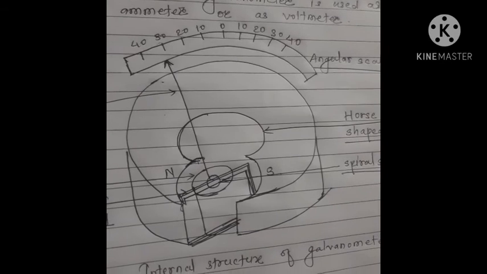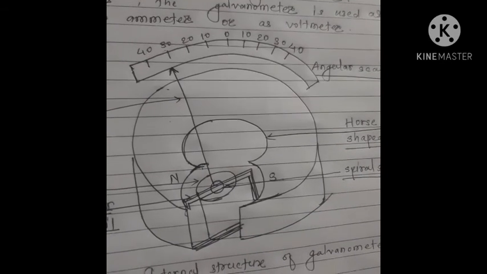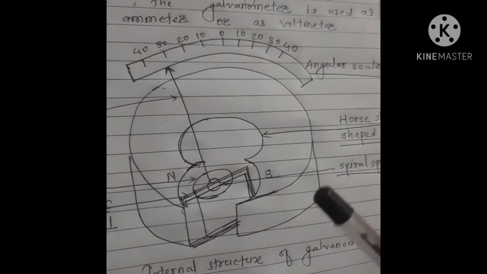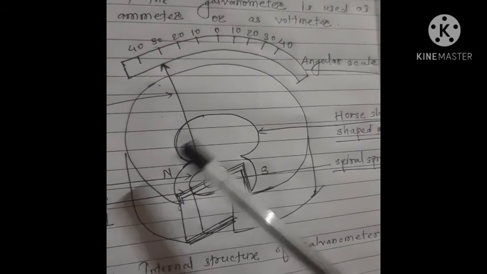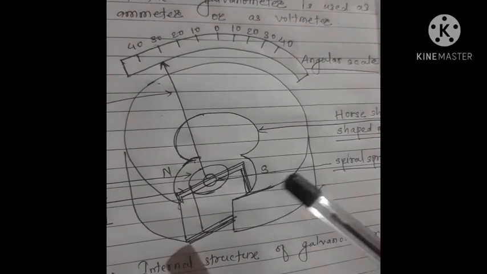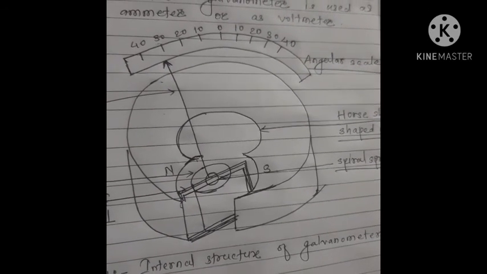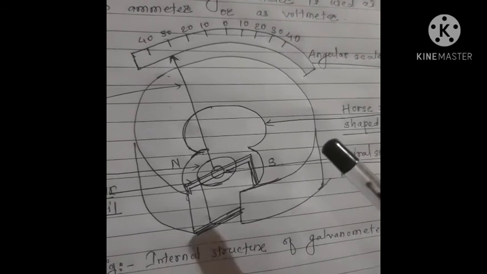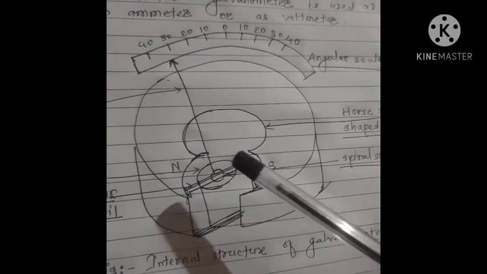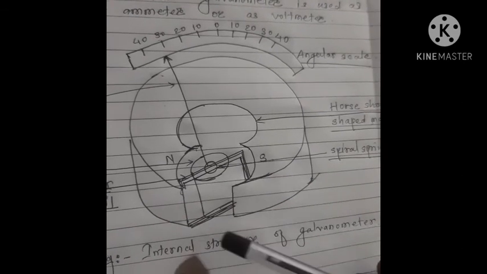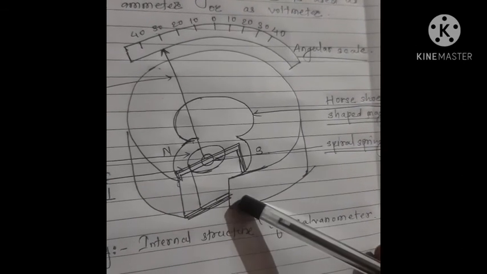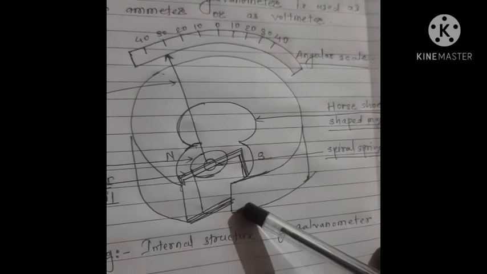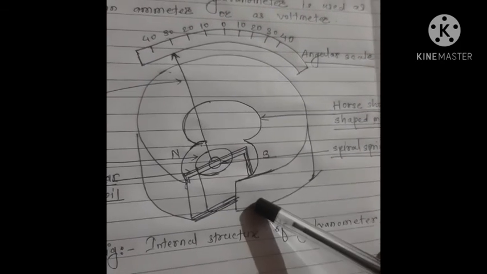Thus, a galvanometer is used as an ammeter. Ammeter means a device which can measure electric current flowing through the conductor. Similarly, by certain setting, this galvanometer is also used as a voltmeter.